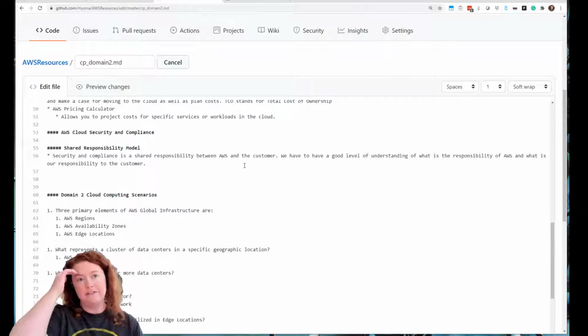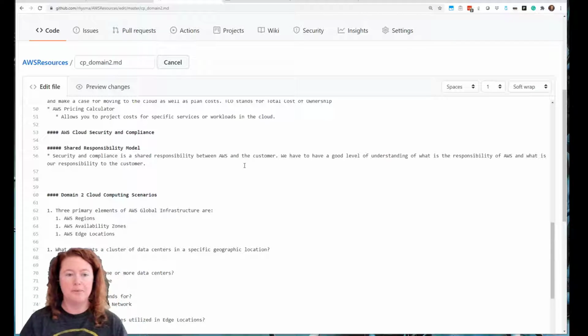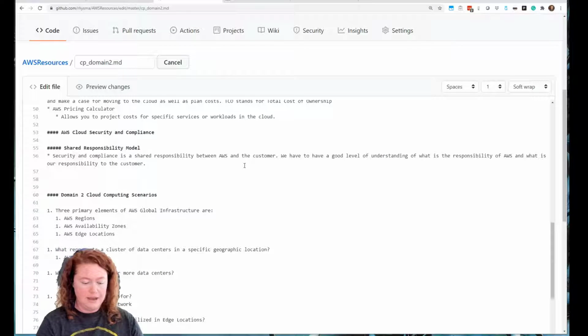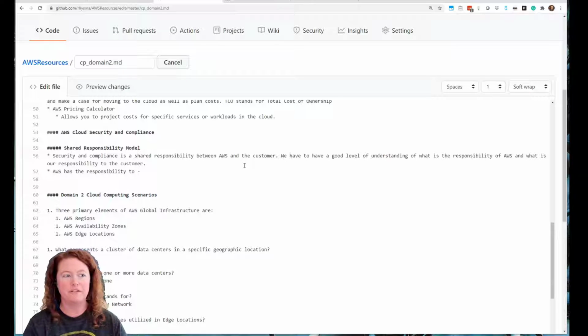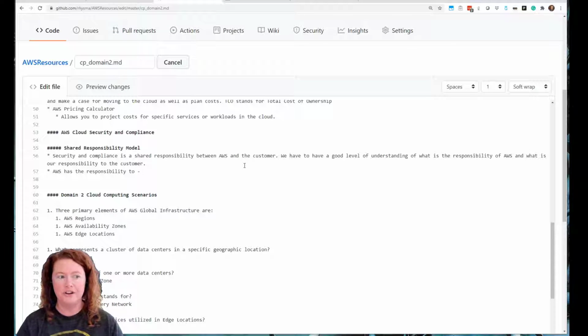So at a high level, we can put it this way. You could say AWS has the responsibility for the security of the cloud.